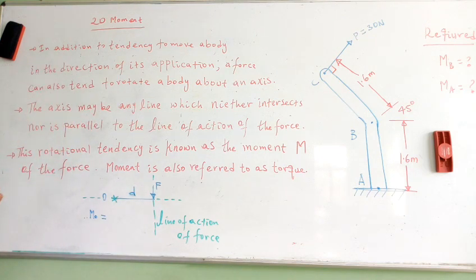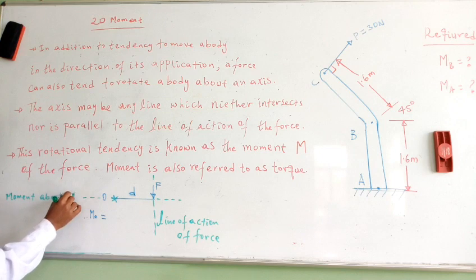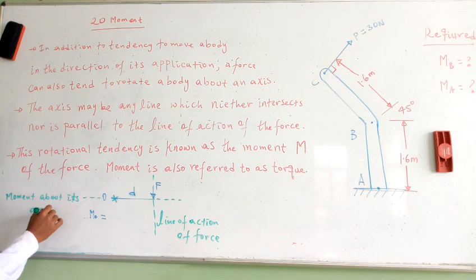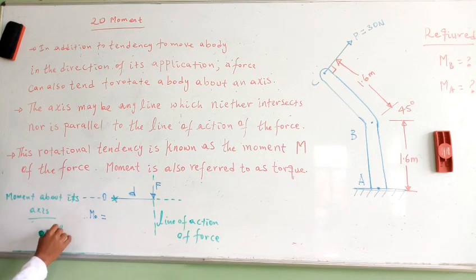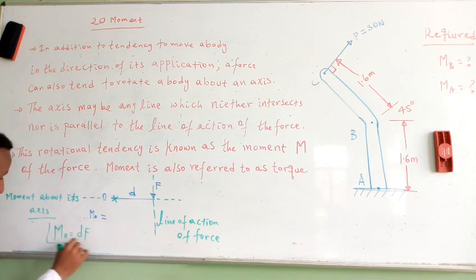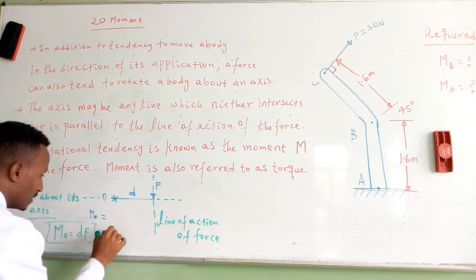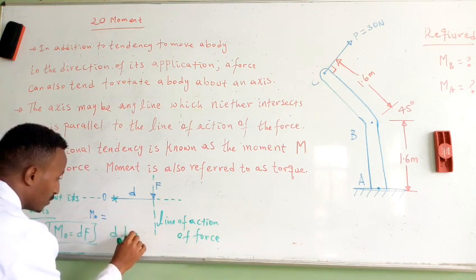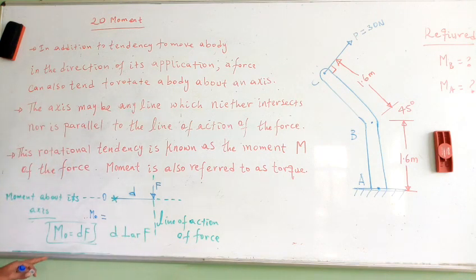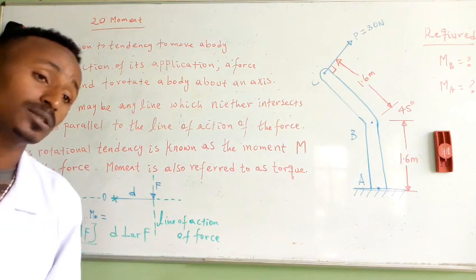So moment about its axis, it becomes moment at point O equals d times force, and d is perpendicular to F. Always the d distance is perpendicular to F.